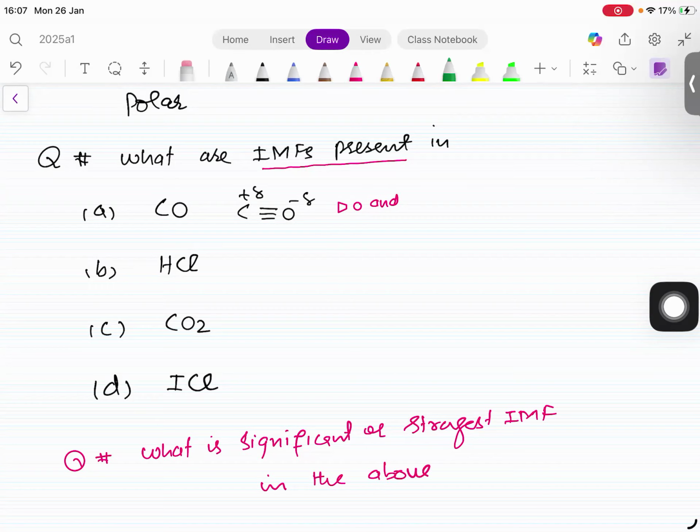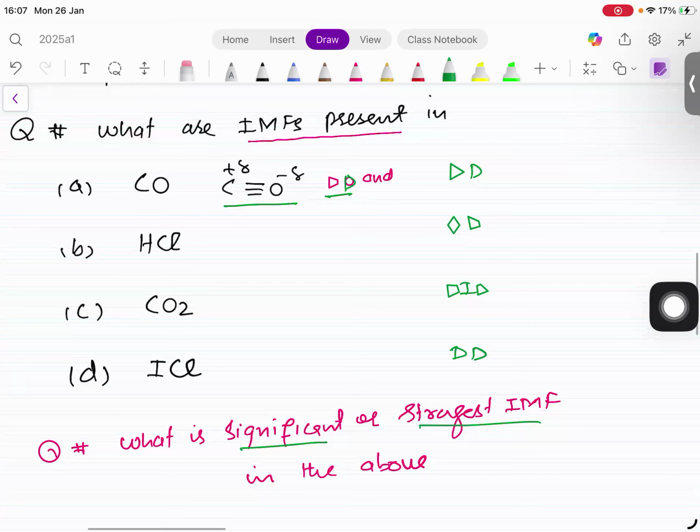Significant or strongest? Which one? The first one. When both are present, obviously DD forces are the strongest or most significant. Again DD. For carbon dioxide, as they are only DID, the DID forces are there. And ICl again, DD. So I hope you understand now that you have to answer the question carefully. Okay?